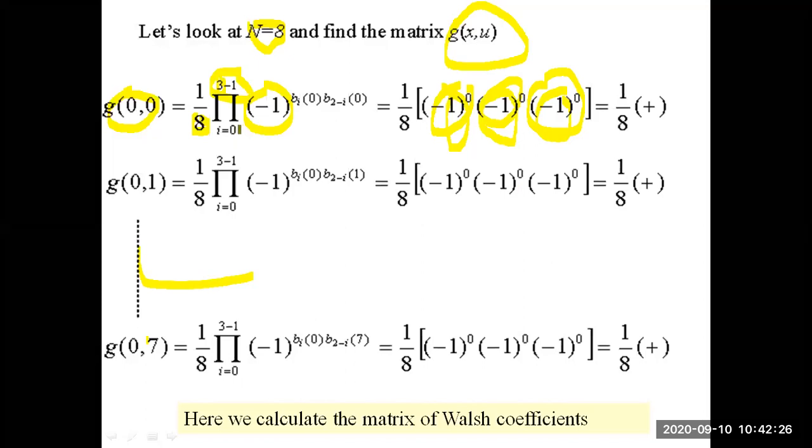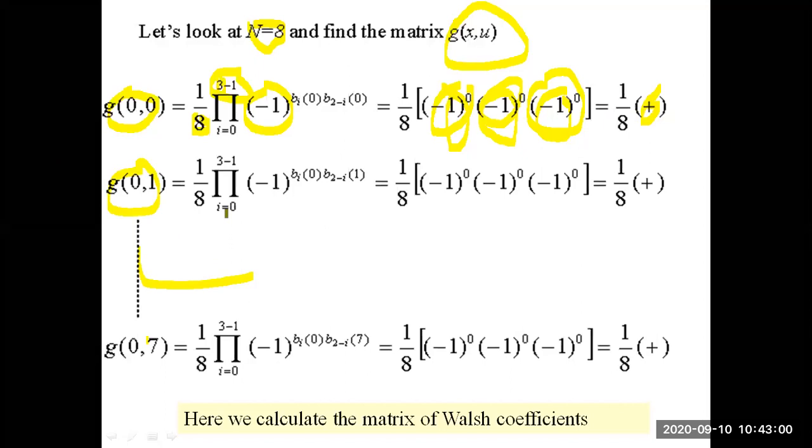Finally you get minus 1 whole power 0 three times, so minus into minus whole power 0 is 1, and 1 into 1 into 1 is 1. All are 1, so 1 by 8. So your signature is positive.